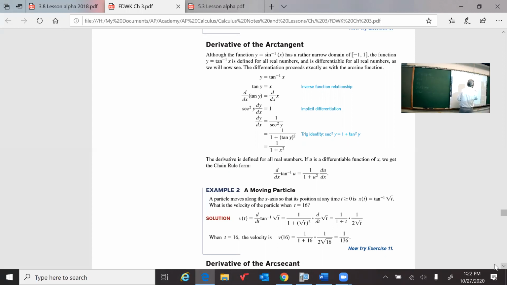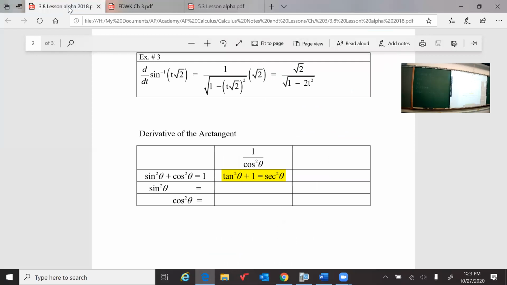Divide both sides by secant squared y, then this gets substituted from the identity. Instead of secant squared y, they wrote tan squared y plus 1.